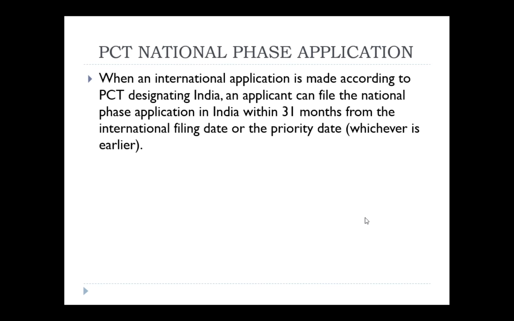For example, he has some clearance time to file: minimum 6 weeks, maximum within 31 months. So this is how the national phase application works for filing in the PCT mode.